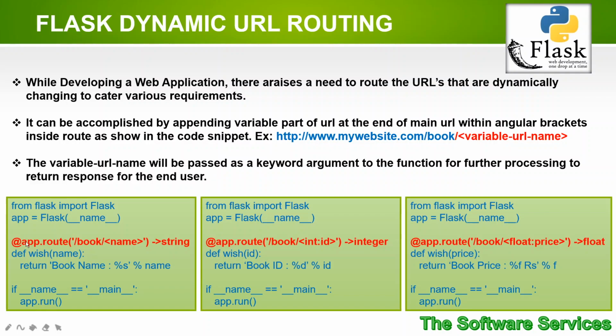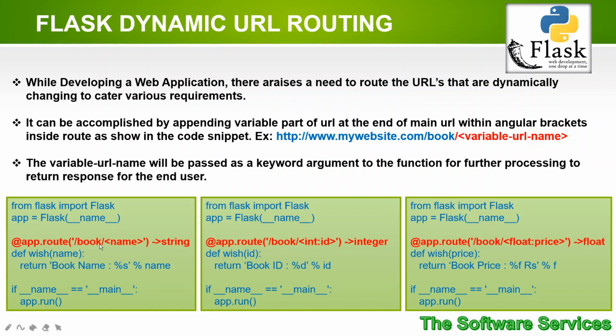So here you can see, the rest of the code I am not explaining, I am only concentrating on this decorator method. Okay, so inside route, in the last classes what we saw was only hello, that's it. But this is different. So after book I am appending a variable part. This book is the constant part of the URL, and the name is the variable part of the URL.